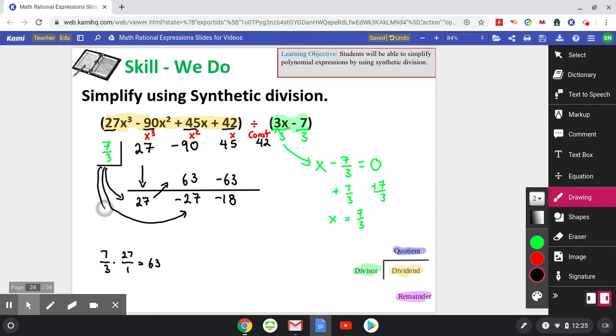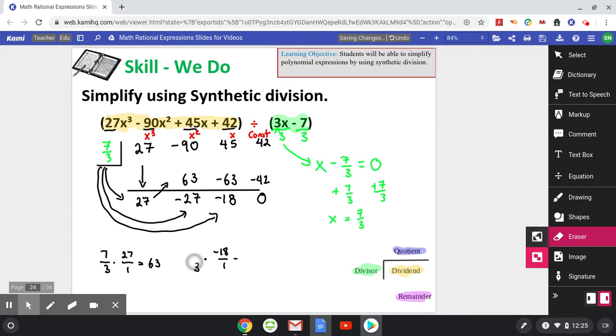And also multiply 7 over 3 times negative 18. We put a 1 under it, and this would give us negative 42. Combine 42 and negative 42, and that would give us 0.